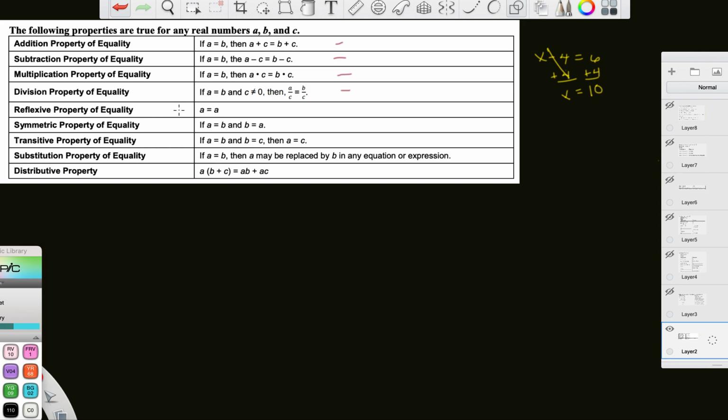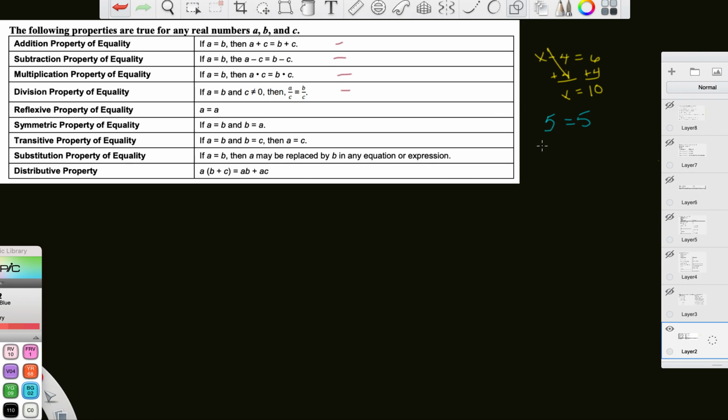The reflexive property of equality. Well, reflexive just means it's like you're looking in the mirror, right? So 5 is equal to 5. Well, that's just the reflexive property. That's just what it is. The symmetric property is a fun one.